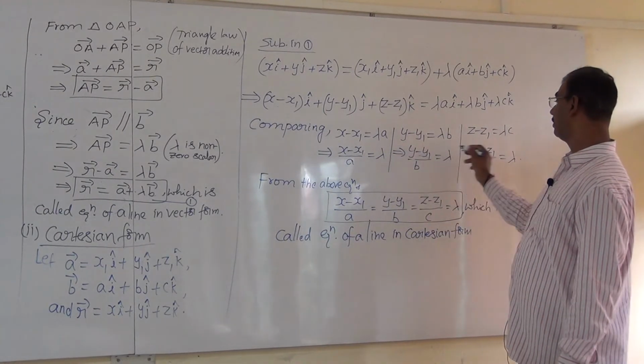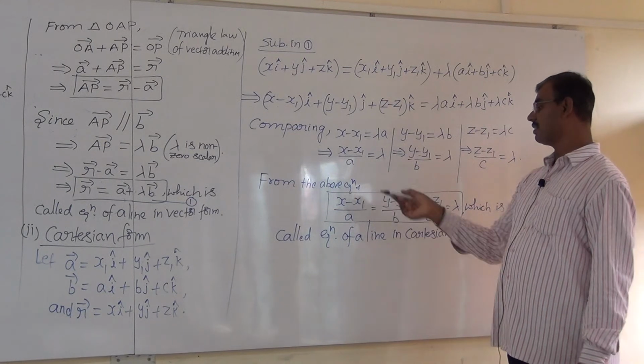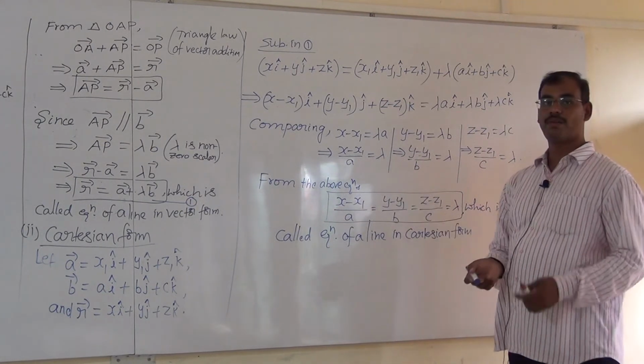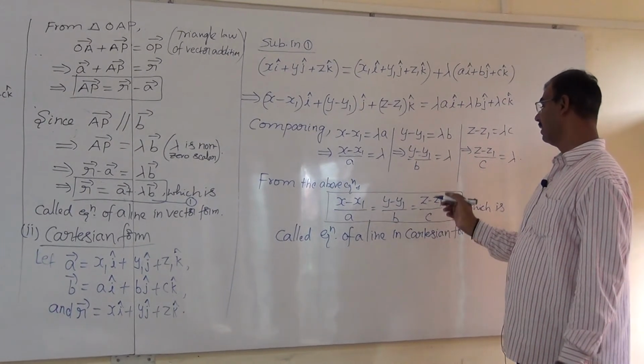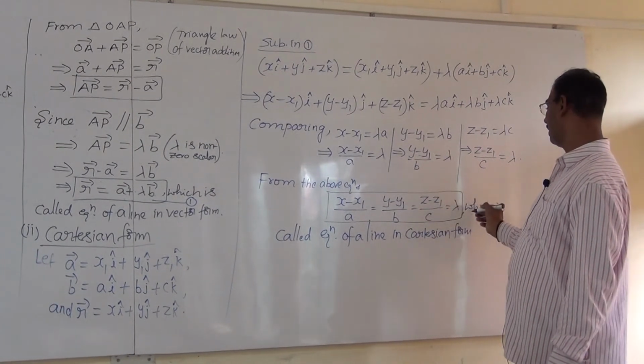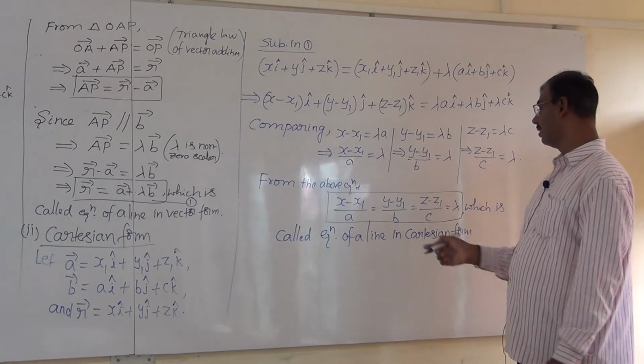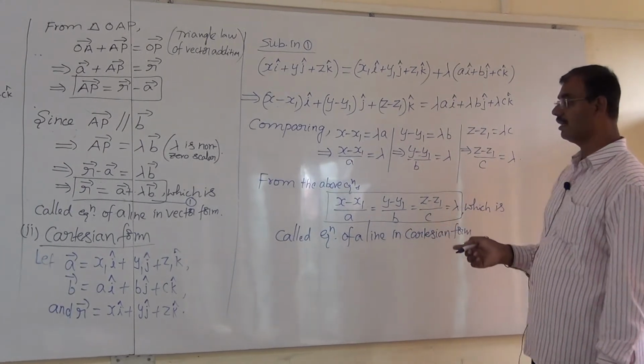From the above three equations, (x minus x1) by a is equal to (y minus y1) by b is equal to (z minus z1) by c is equal to lambda, which is called the equation of a line in Cartesian form.